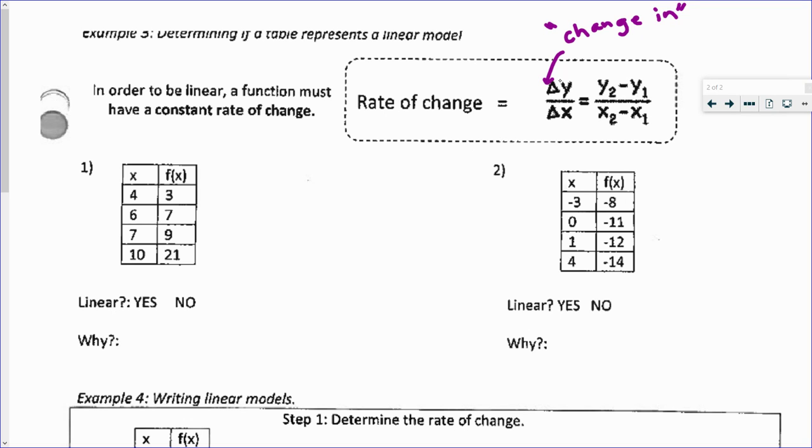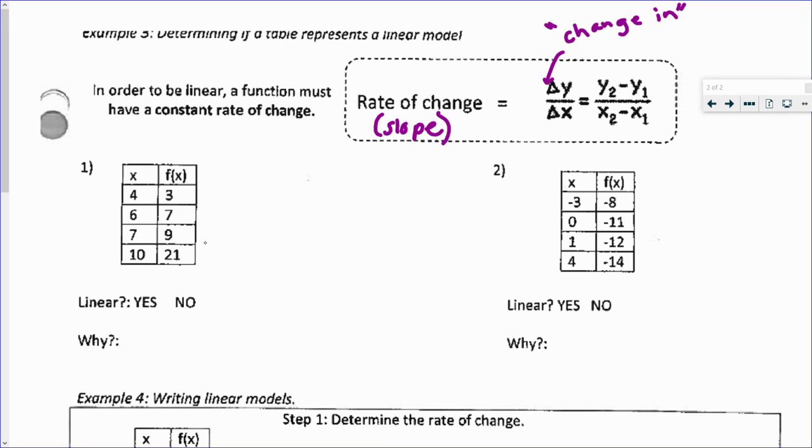So when we say a triangle y and a triangle x, we're really saying change in y over change in x. You might remember this formula, y2 minus y1 over x2 minus x1, as slope, the formula to calculate slope. Rate of change is actually the slope. So if you remember that vocab word from last year, you are correct.